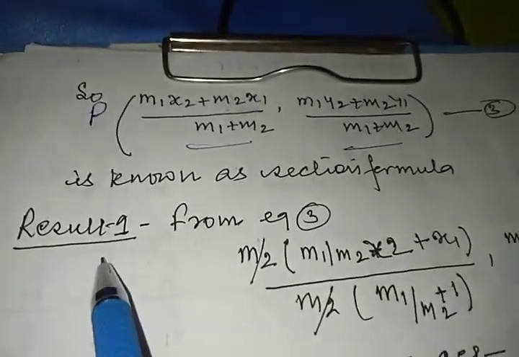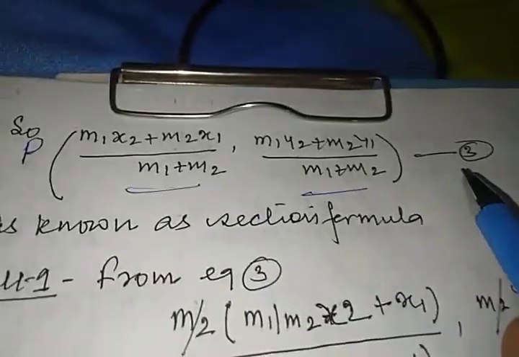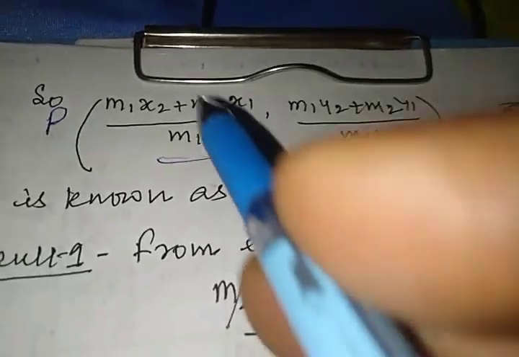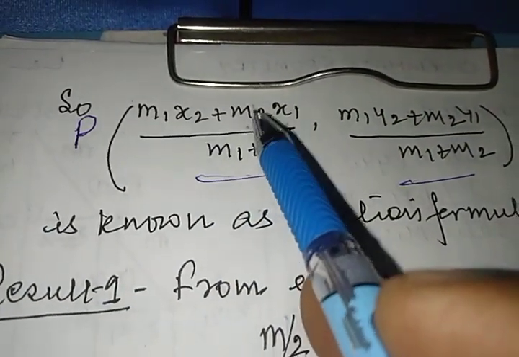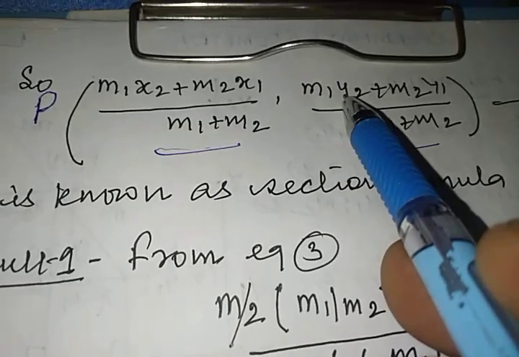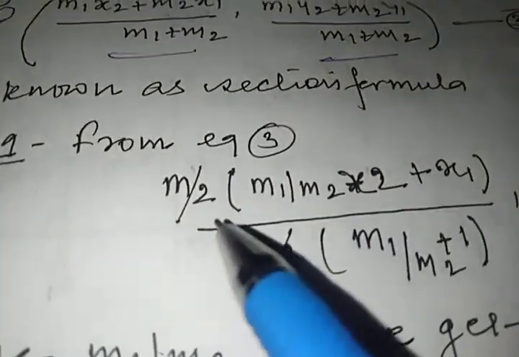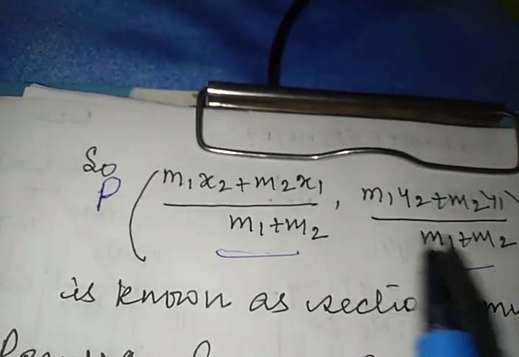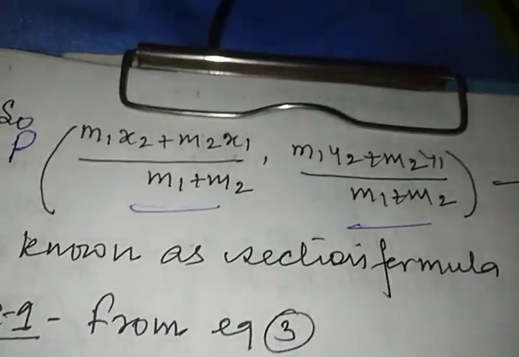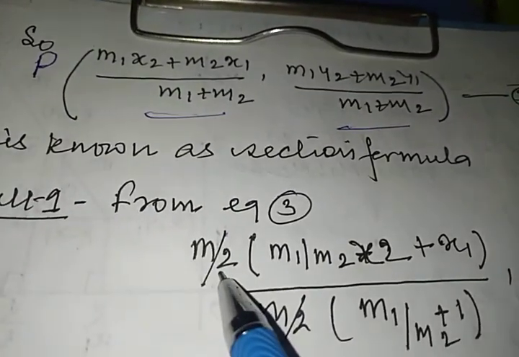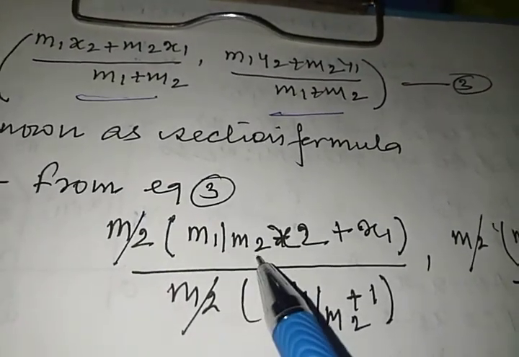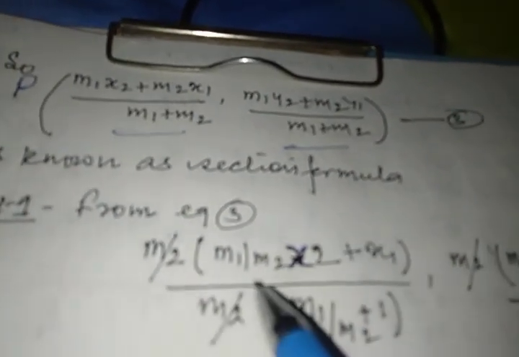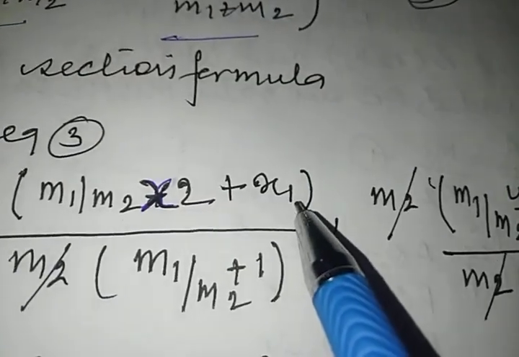Now one result is here. From equation 3, if I take M2 common here and here also, this will be M1 upon M2 times X2, and this is your X1.